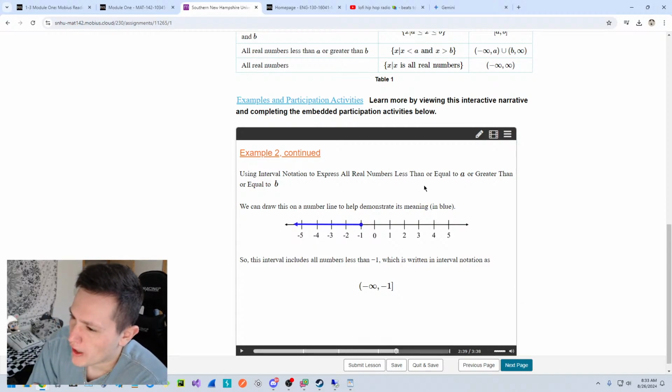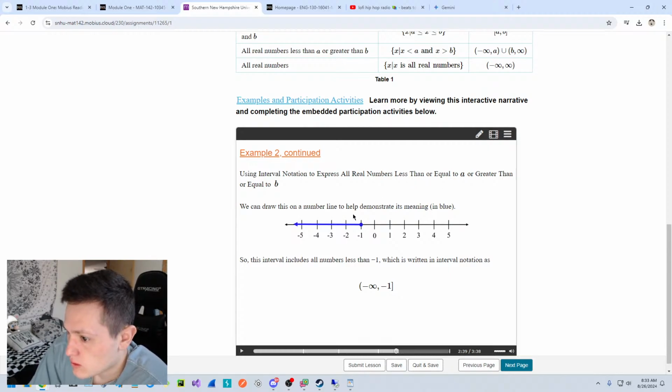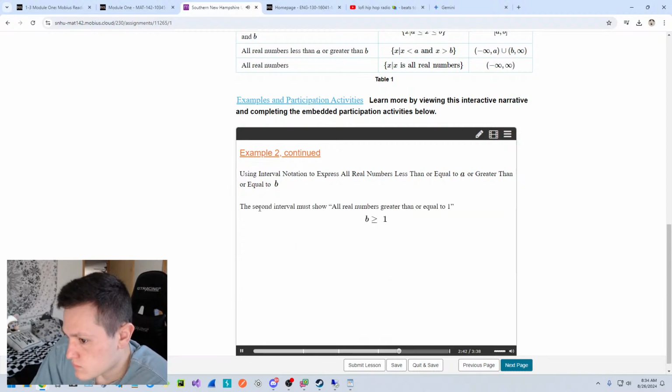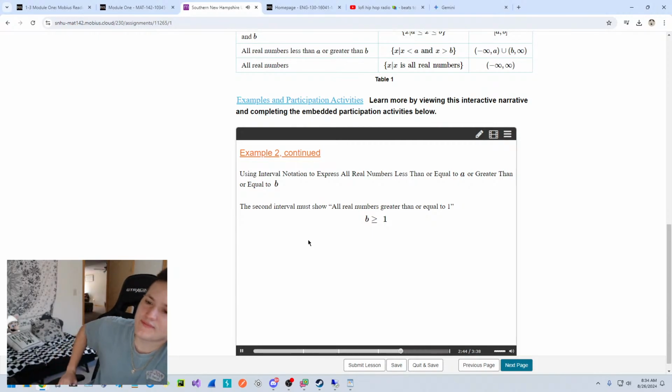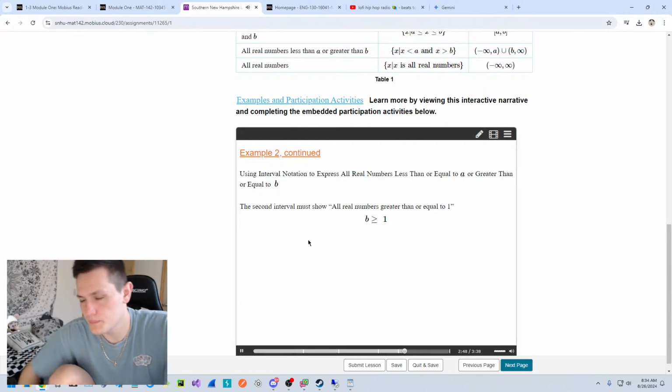So all real numbers that are less than or equal to A, greater than or equal to B, we can draw this on a number line in blue. The second interval must show all real numbers greater than or equal to 1.